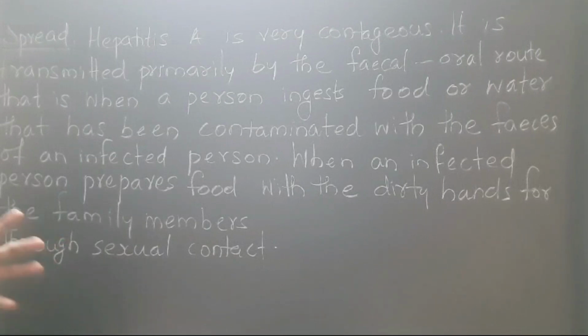When an infected person prepares food with dirty hands, then you are sure you will get this disease. Not only the fecal oral route, through sexual contact also this disease transmits.